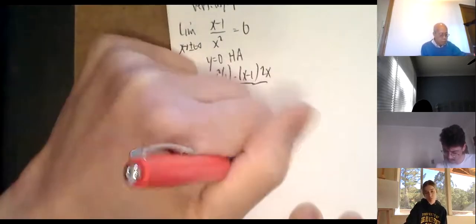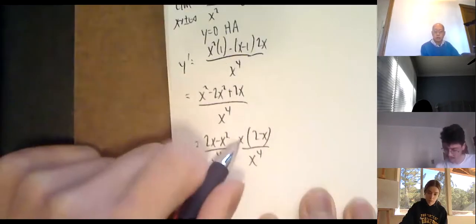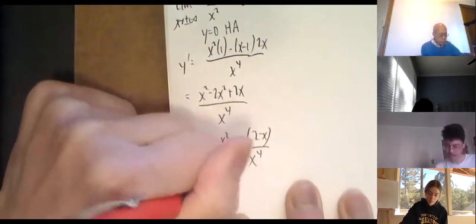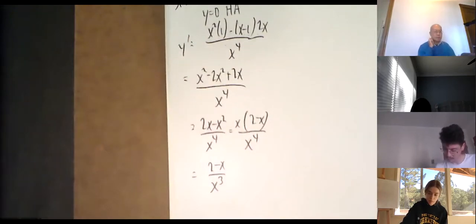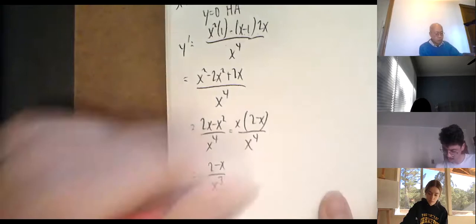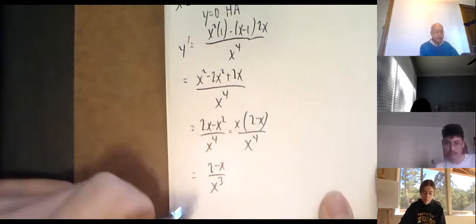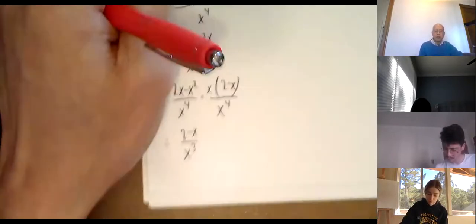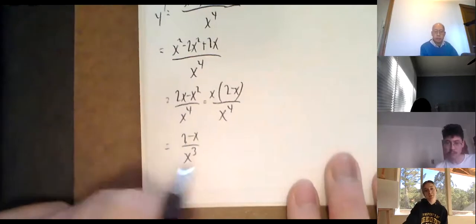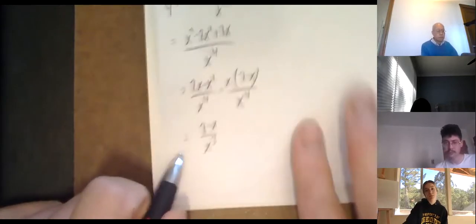Factor out an x. 2 minus x. Cancel this with this. So 2 minus x over x cubed. So you want to simplify as much as possible before you take the second derivative, right? Because that's probably going to get messy. That's my y prime. Quick note, can you tell right away what makes this expression 0? 2. Right? Okay, but we'll worry about it when we get to it.